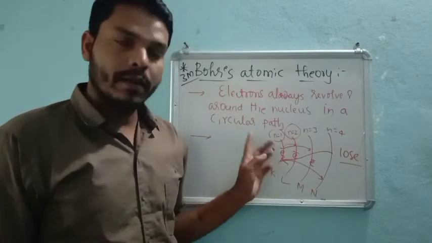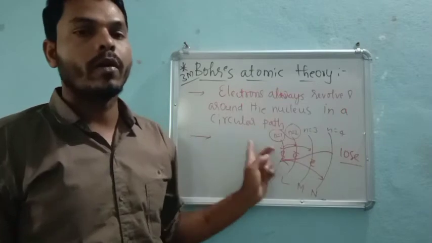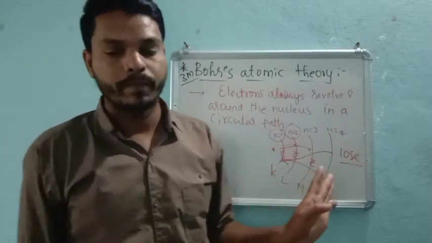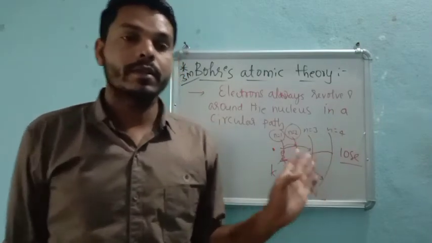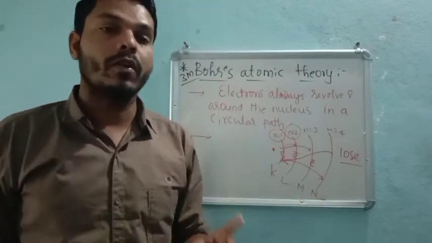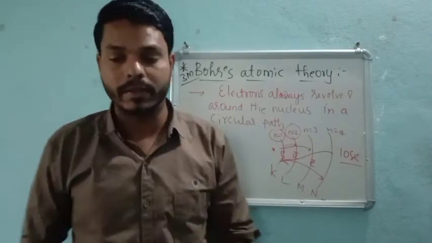It gains or loses when it jumps from higher to lower or lower to higher energy. And as the n value increases, the size and energy of the electron also increase.